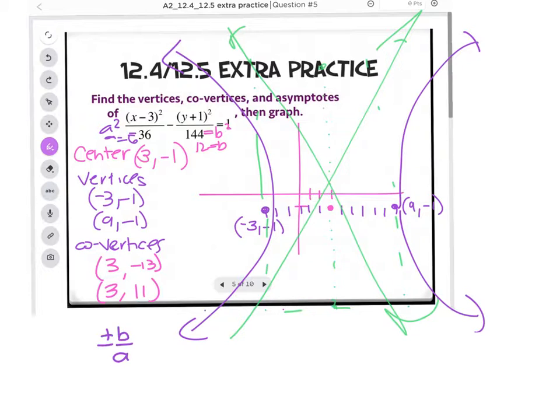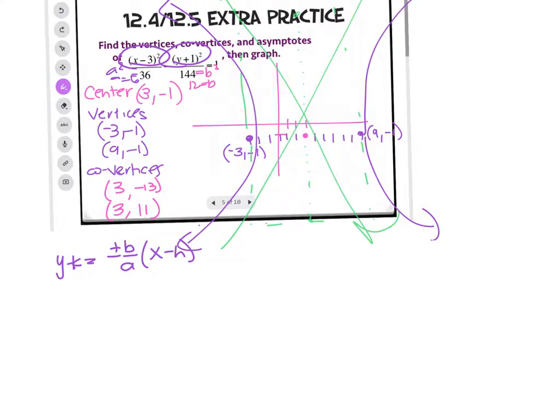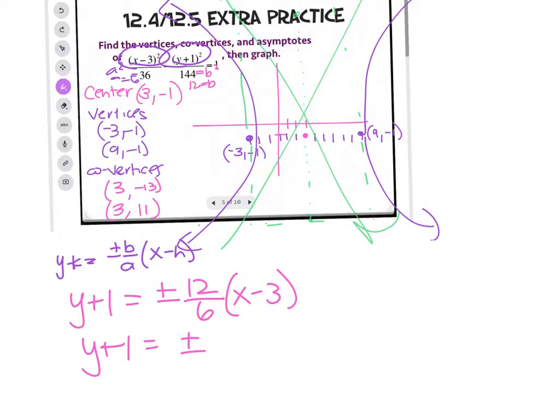That would stay the same, but you have to account for the k and the h. So I put in here whatever is here. So this is y plus 1 equals plus and minus, b is 12, a is 6, and then x minus 3. So y plus 1 equals plus and minus 2 times x minus 3.